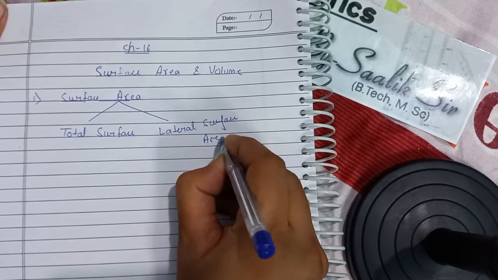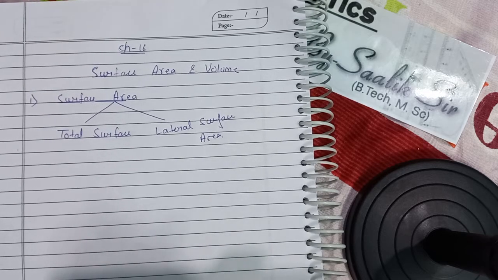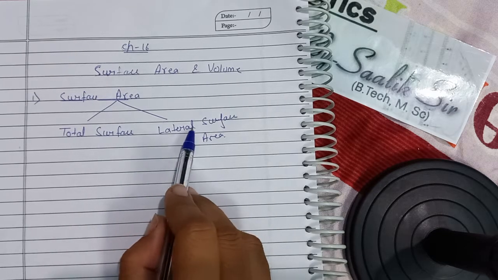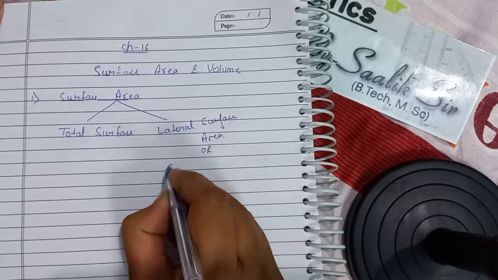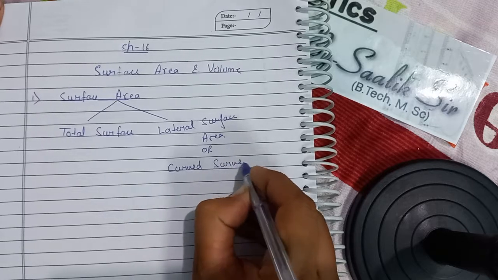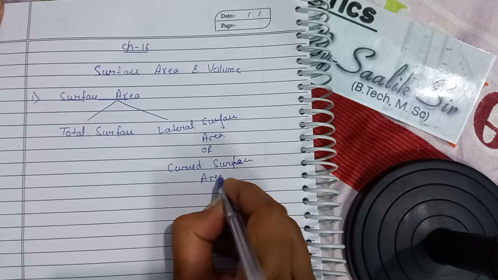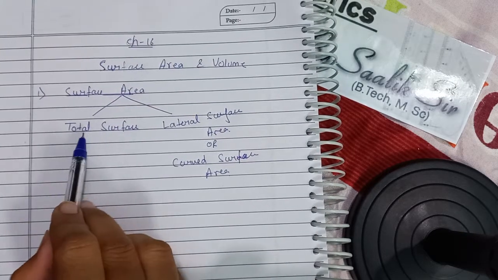If the shape is not flat, means if the shape is like a ball, then we will not say lateral surface area, we will use the word curved surface area. Get it?